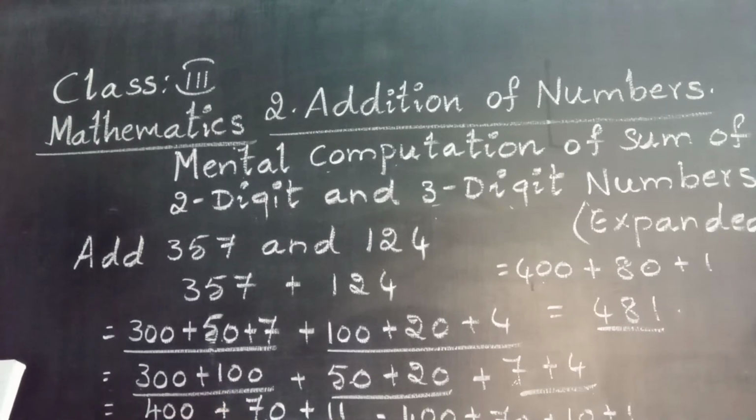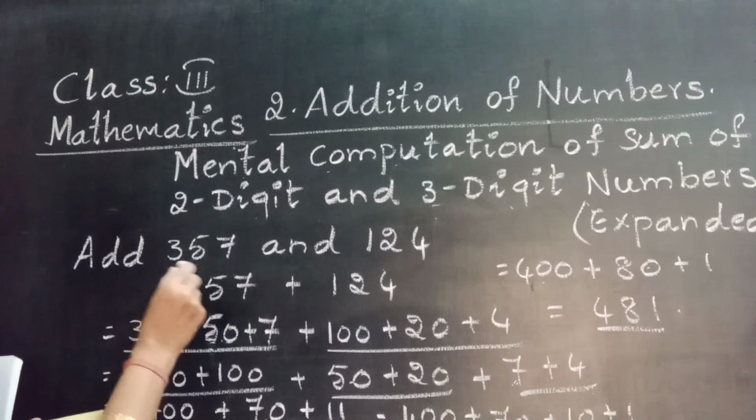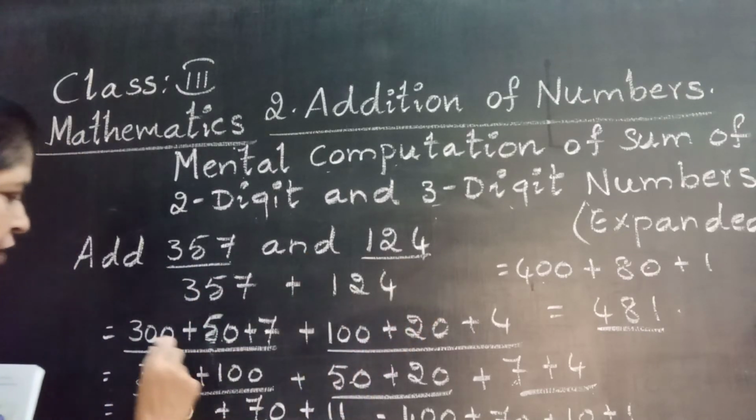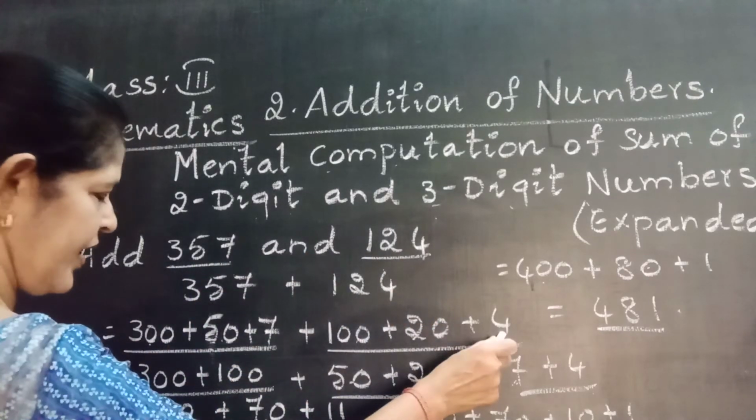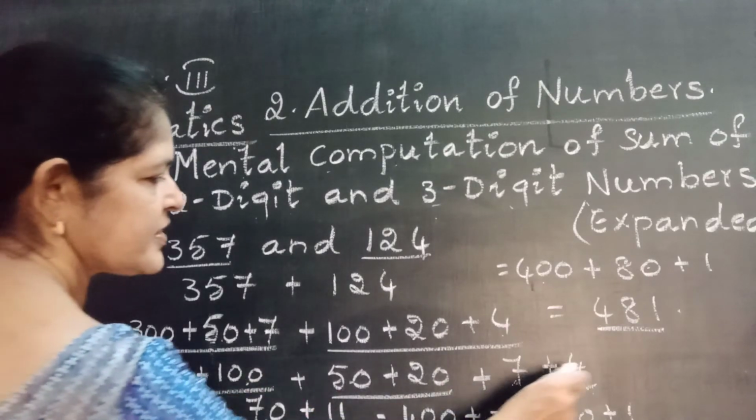Here we are using the expanded form. First, look at the given numbers and write the expanded form of each number. First add hundreds, next add tens, next add ones.